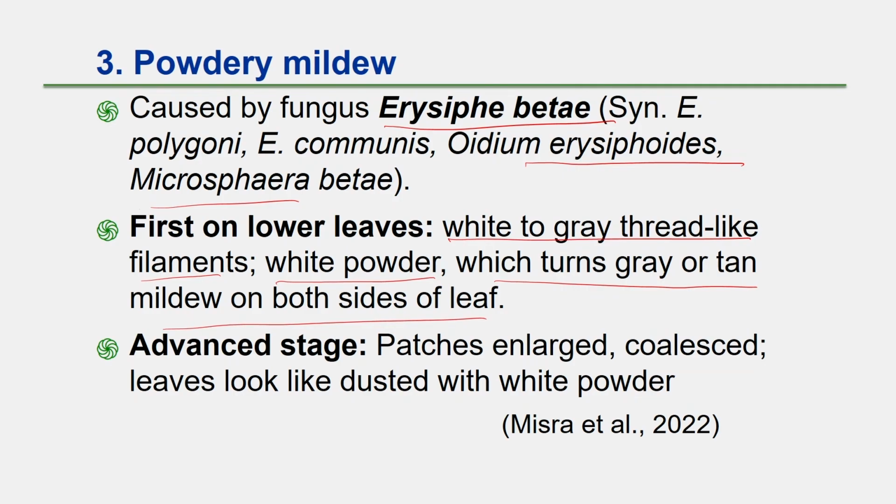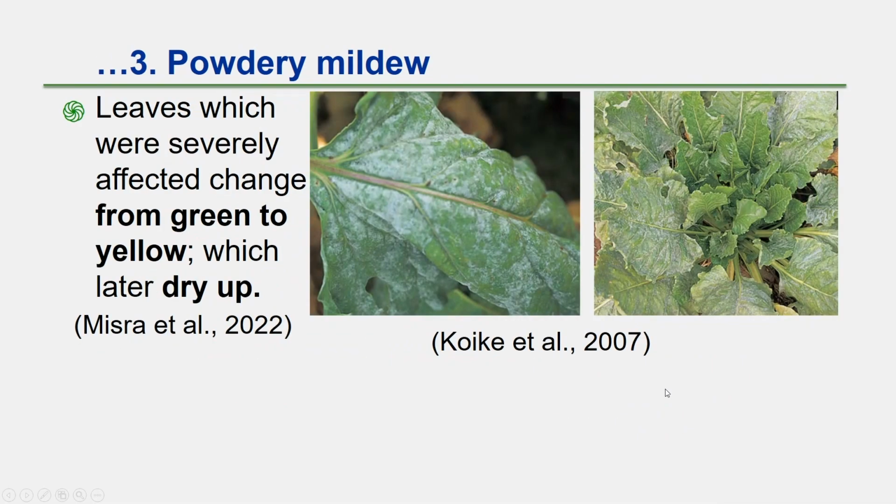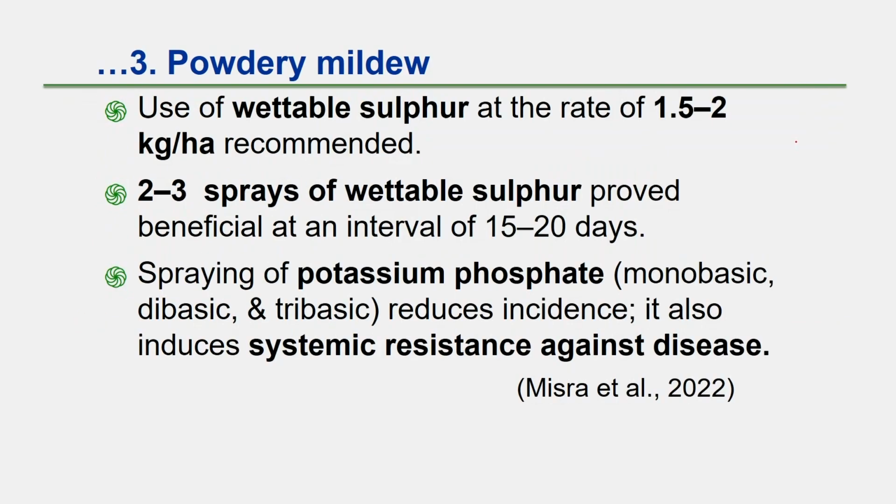At advanced stage, patches enlarge, coalesce, and leaves look like dusted with white powder. Severely affected leaves change from green to yellow, which later dry up. So, you can see powdery growth. This is powdery mildew. You can see more symptoms on other leaves.